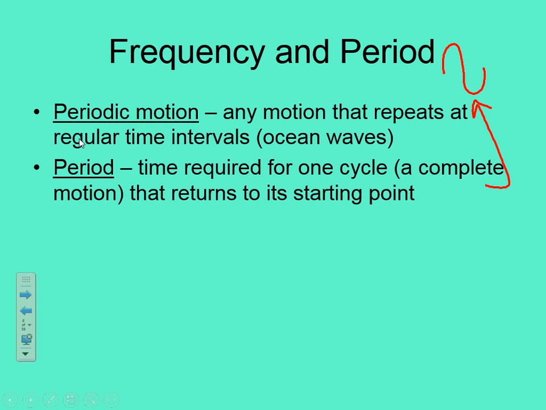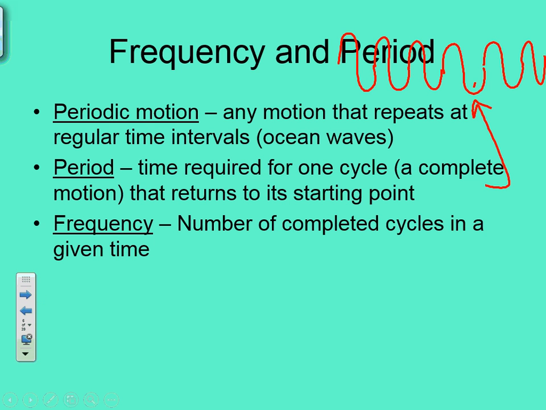So a period is the time required to complete one cycle. So the up and the down is one cycle. This would be 2 cycles, 3 cycles, 4 cycles, 5 cycles, 6 cycles. See how it continues to repeat itself? So that's the period, the amount of time it takes to go up and down one time.